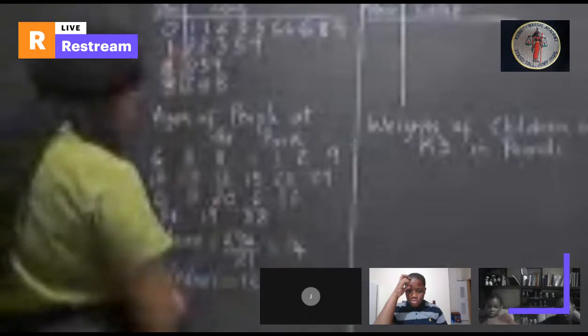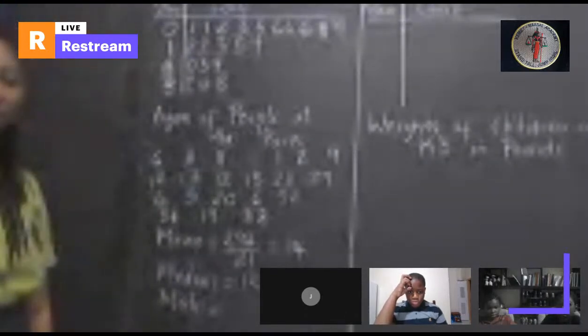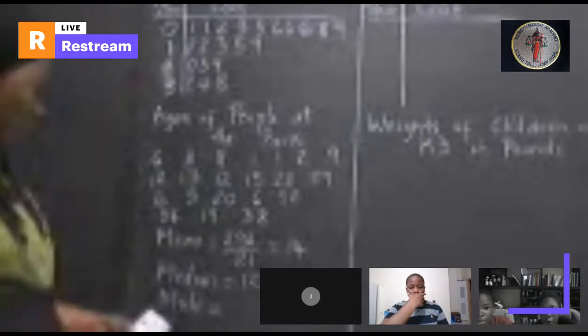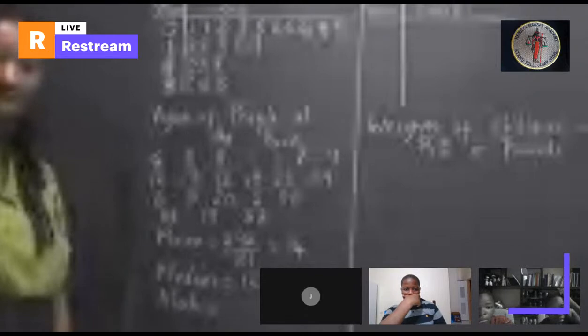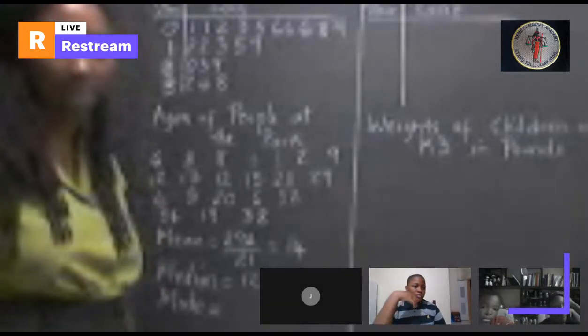The mode is the most frequent number. So which number is up there the most? Miss, I can't really see the numbers properly. You can't see the numbers properly? No, Miss, it's blurry.